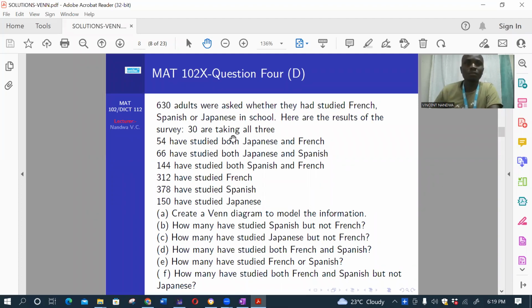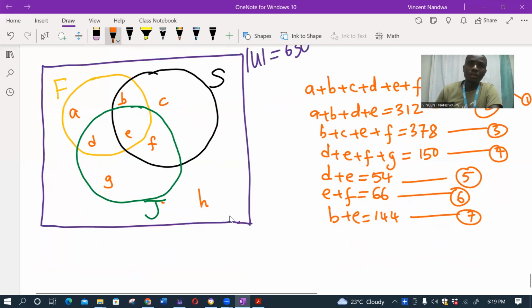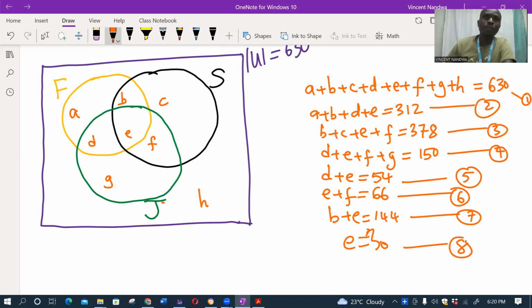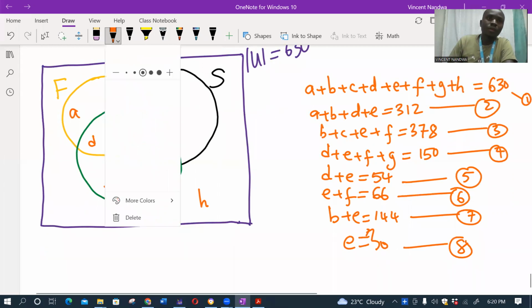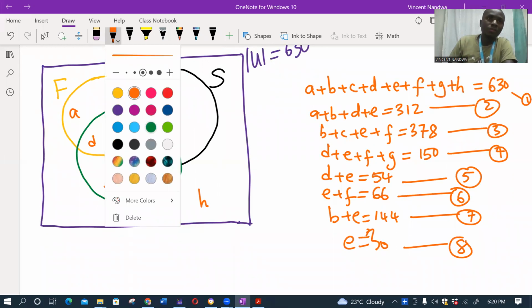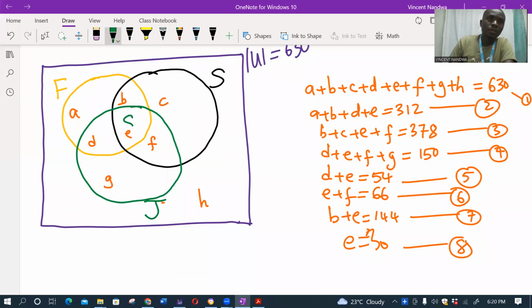So 30 is the point where all three circles meet. So E is 30, call it 8. So now we can comfortably fill this section as 30.